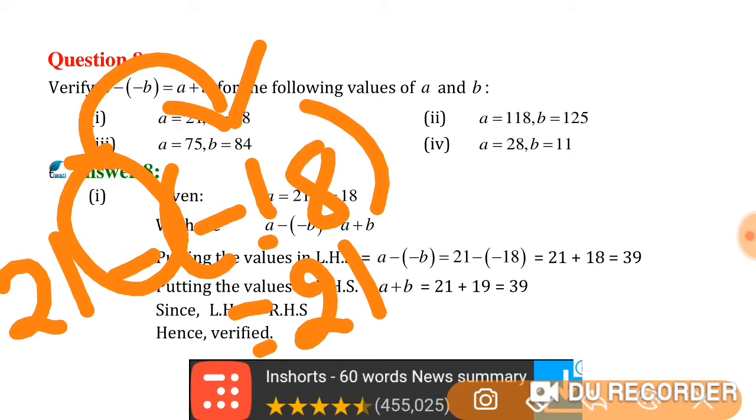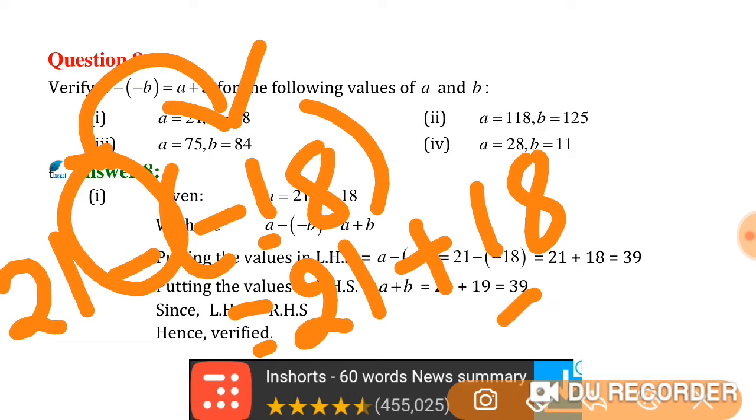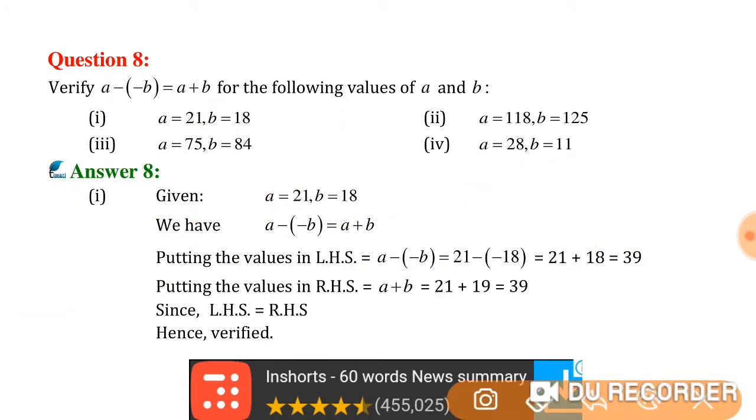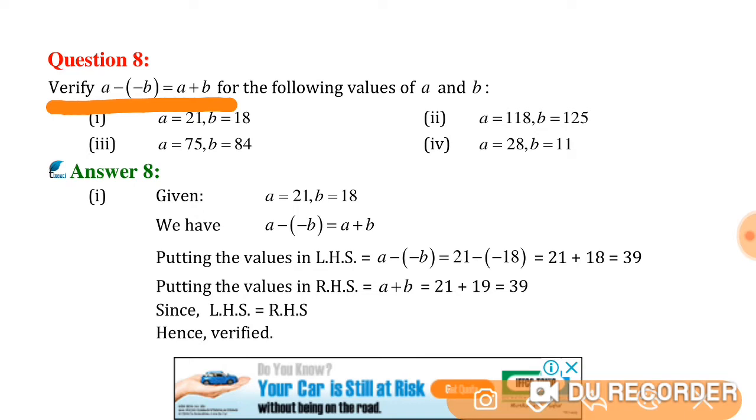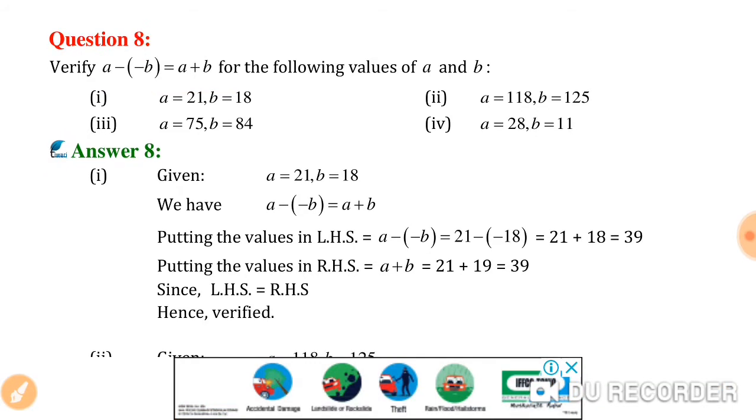So it is negative, keep it as positive, it becomes positive. Or when you multiply the signs, minus into minus is also plus, you can write like that. So you'll get the answer 39. So by verifying, we get that a minus of minus b is always equal to a plus b. In the same way, you can go for the second question.